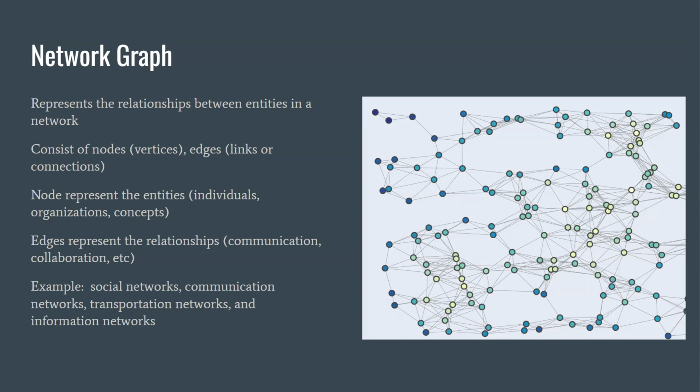Some of the benefits could be that these network graphs can reveal patterns, clusters, and key nodes that may not be immediately apparent. So it helps you with analysis and decision-making process.